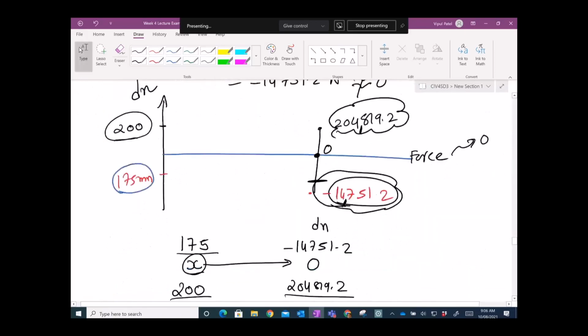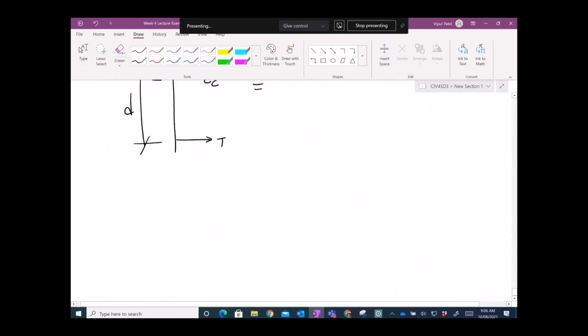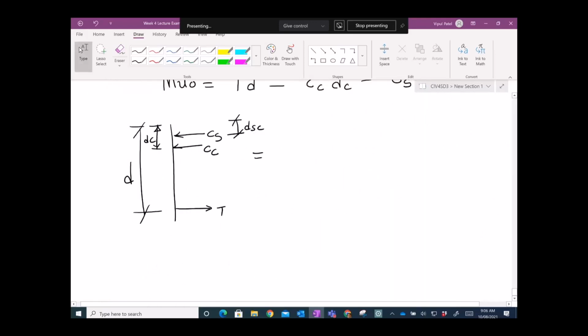Okay, so let me explain all the forces and two distances, and the third distance that we have is this DC. That DC is basically 1/2 gamma dn, and this gamma is 0.89, and the dn value is 177 millimeters, right?